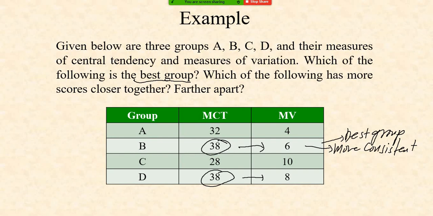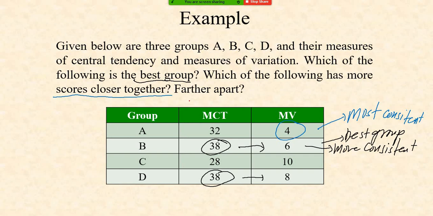Now, for the other question, which of the following has more scores closer together, the answer is actually Group A because it has the smallest measure of variation. So among all groups, it's Group A that has the scores that are closer together. And we can say that since this is the smallest, this is the most consistent group because it has all the scores closest together.